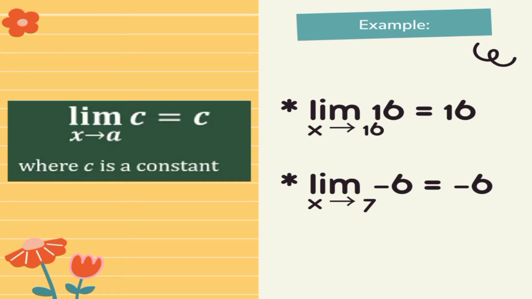Next, for our second example, we have the limit of negative 6 as x approaches 7. That would be negative 6 because the constant here is negative 6. We are just going to copy the negative 6 and then the answer is negative 6. So that is the constant of function, the theorem number 1.